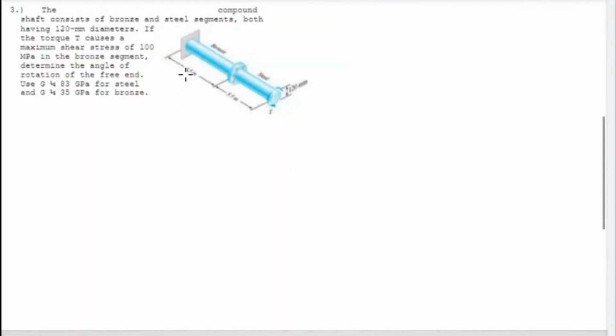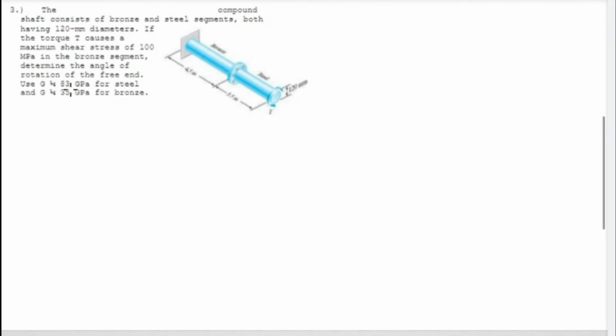Example number 3. The compound shaft consists of bronze and steel segments, both having 120 mm diameters. If the torque T causes a maximum shear stress of 100 megapascal in the bronze segment, determine the angle of rotation of the free end.